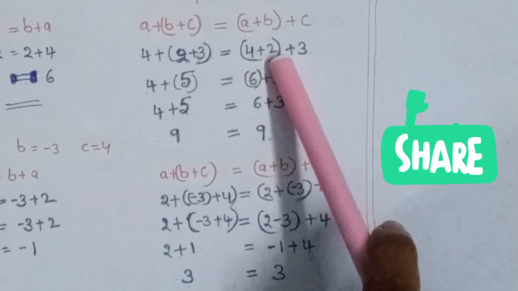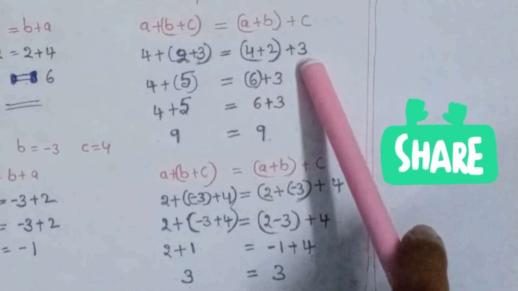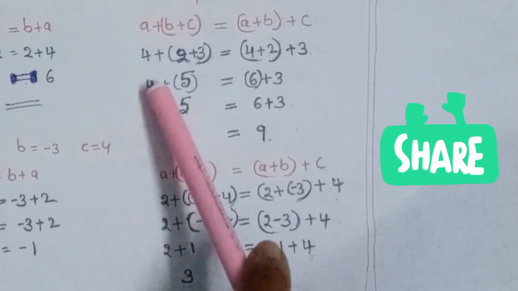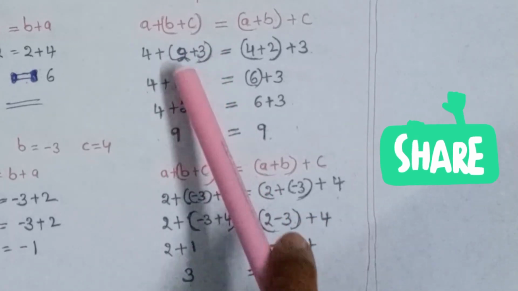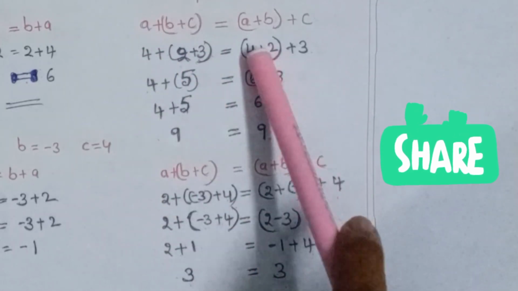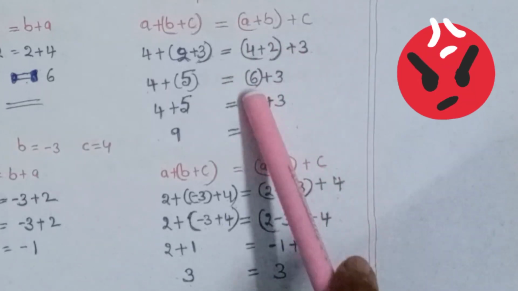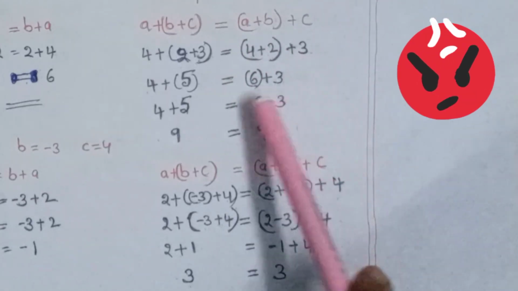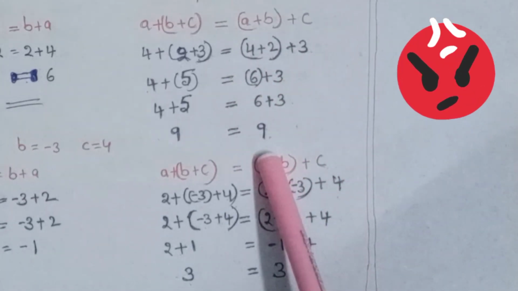Keep 4 plus 2 in bracket and 3 as single. Then here 2 plus 3 is 5, 4 as it is, 4 plus 5 is 9. Here 4 plus 2 is 6, this one 3, 6 plus 3 is 9.